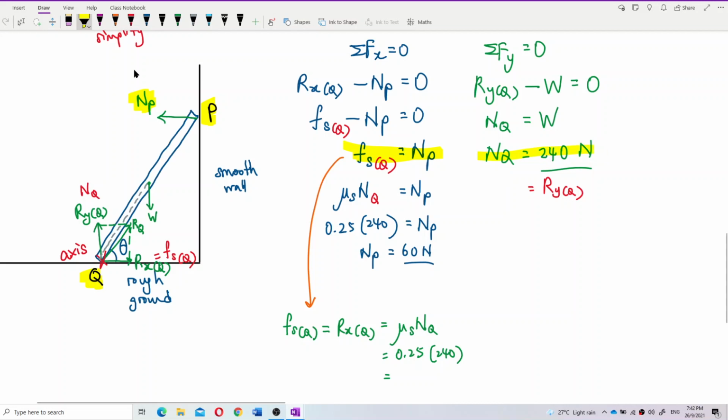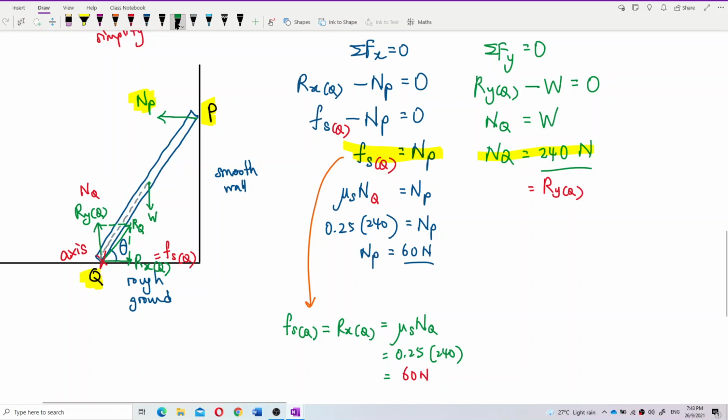It's actually the 60 Newton, which is also the normal force for P. So the friction Q here is actually the normal force for P also, which is 60 Newton.